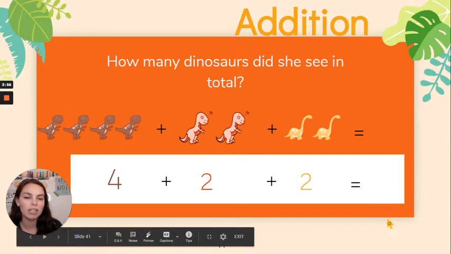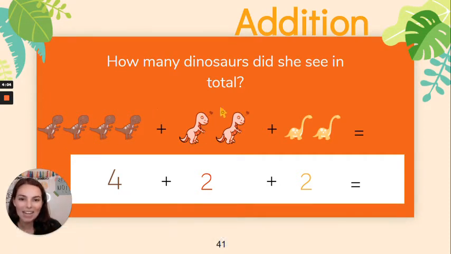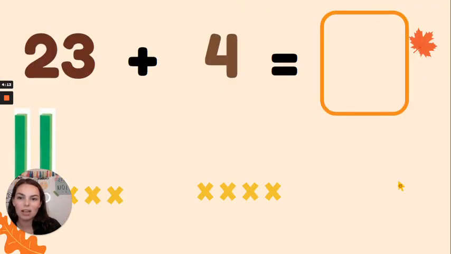All together, how many dinosaurs did I see? Well, I'm going to need to count them up. 1, 2, 3, 4, 5, 6, 7, 8. So that equals 8. We just counted them all up.